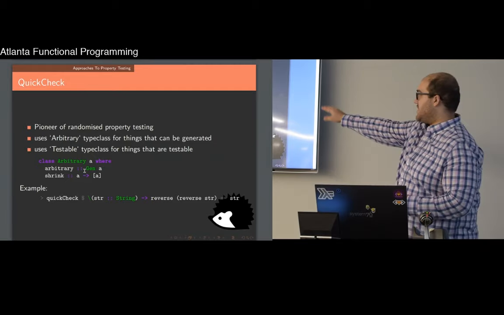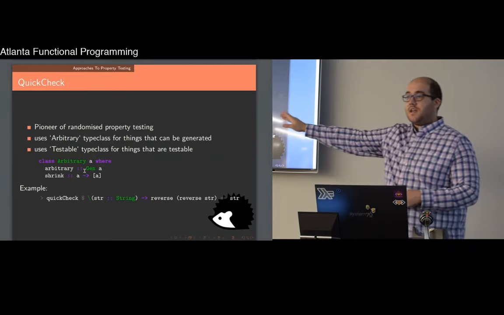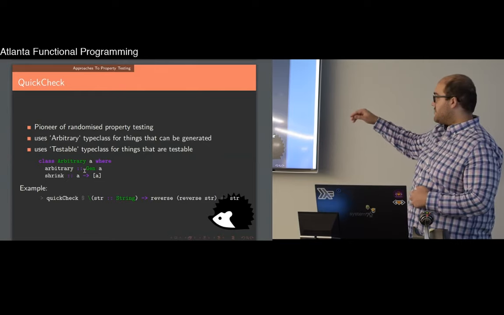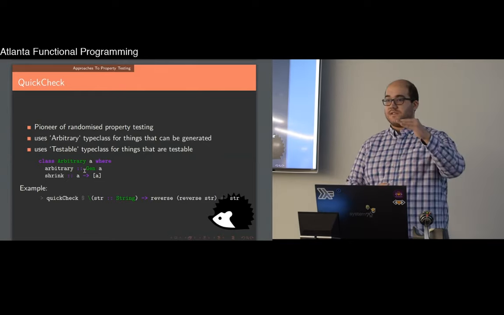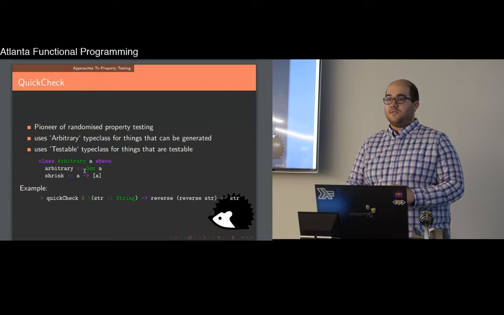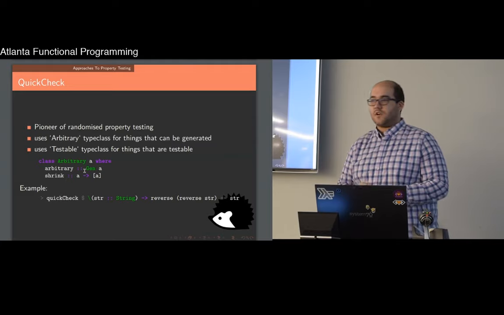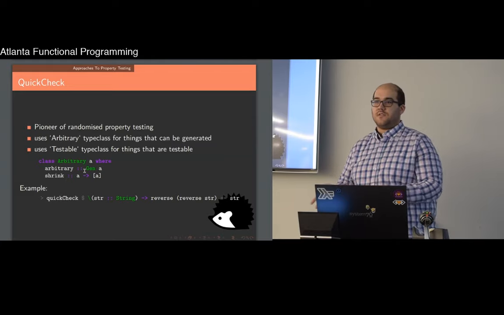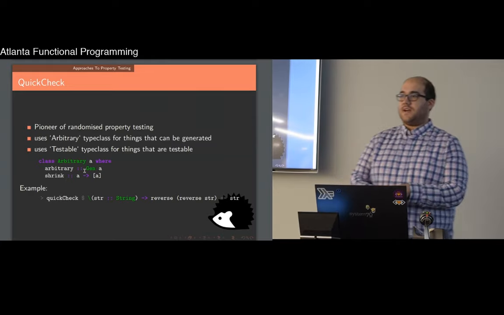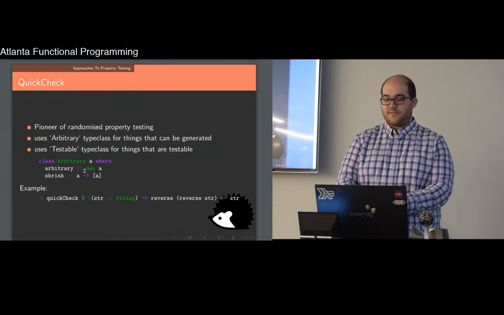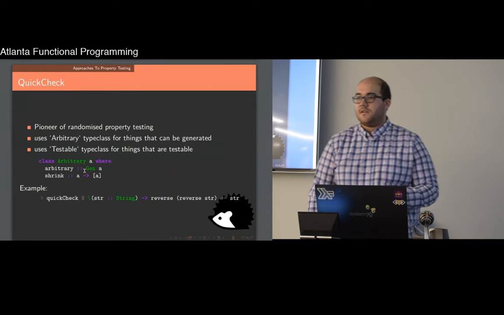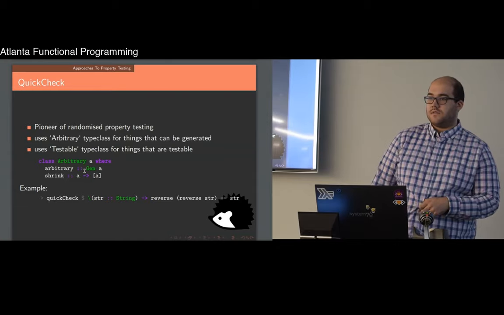So this is just the definition of the class, and the actual implementation of various instances is separate. Sure, so there would be an instance Arbitrary String, and then you would define the methods there.